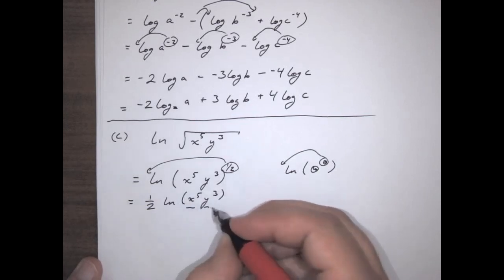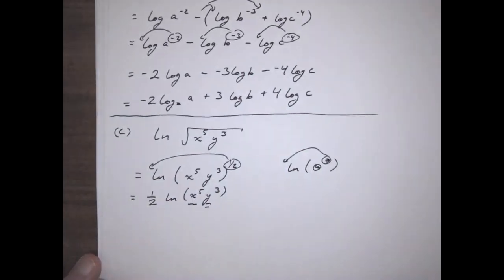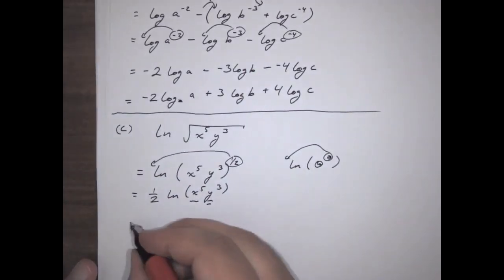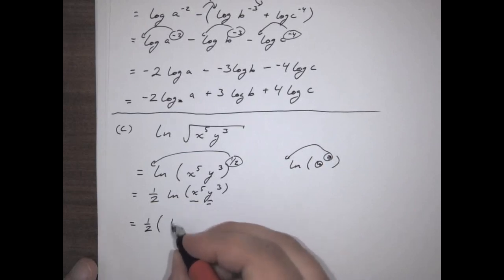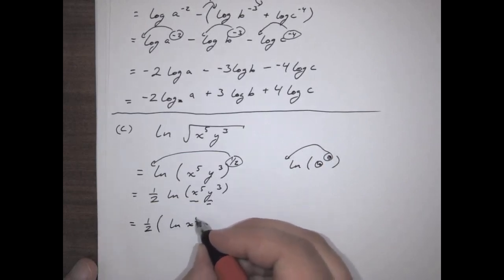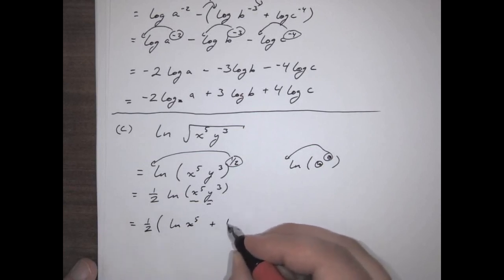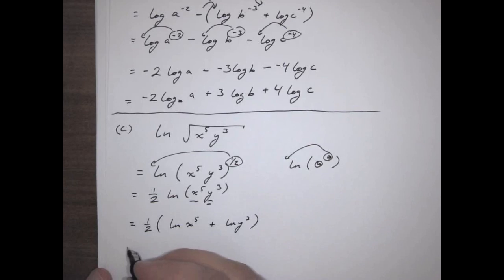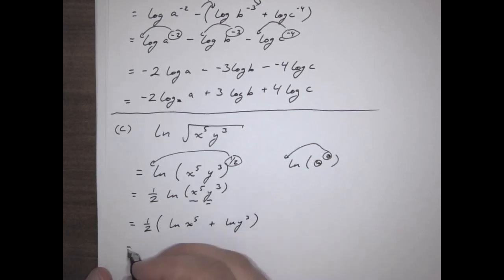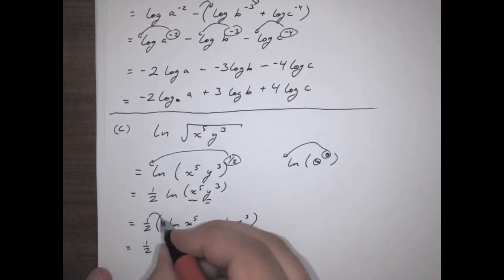And now all of a sudden we've got a logarithm of a product on the inside there. It's going to be 1/2 times ln x to the 5th plus ln y to the 3rd. But that 1/2 distributes.